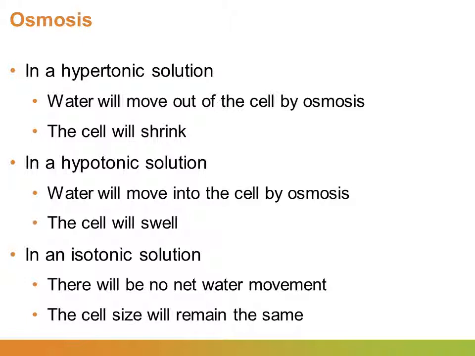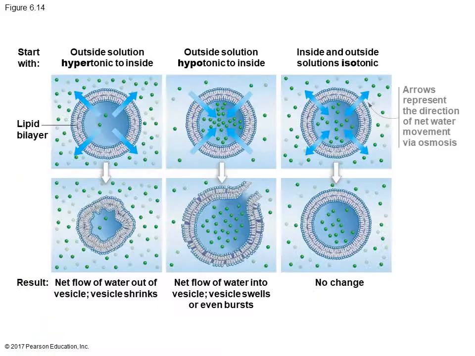In this case, the cell gains weight from the movement of water from the outside to the inside of the cell. And in the last situation, the solute concentration is the same on the outside and inside of the cell. Therefore, there's no net movement of water. The cell stays relatively the same size, and the weight relatively stays the same.